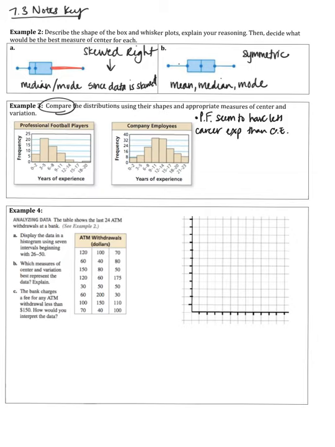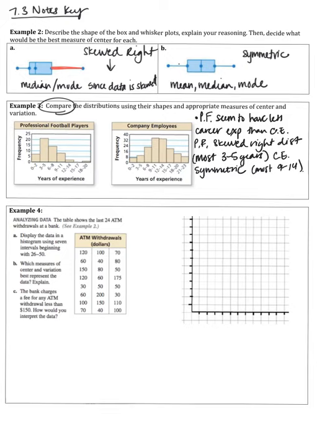And we can tell that because professional football players have a skewed right distribution where most of them have between 3 to 5 years experience, and company employees have a more symmetric distribution where most of those employees have between 9 to 14 years experience.